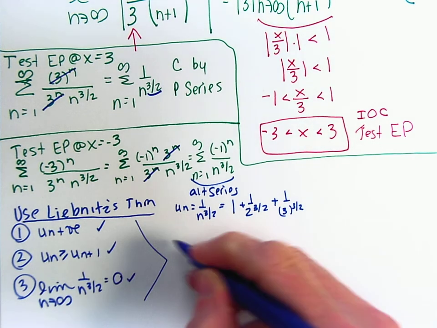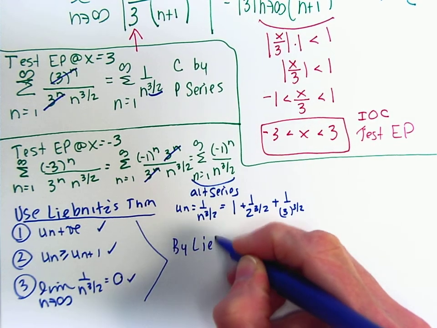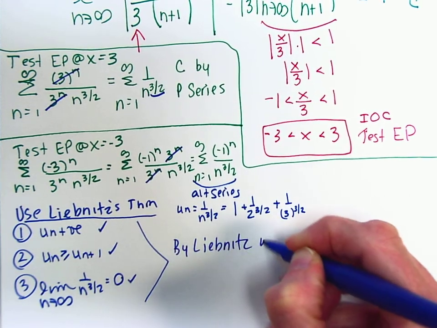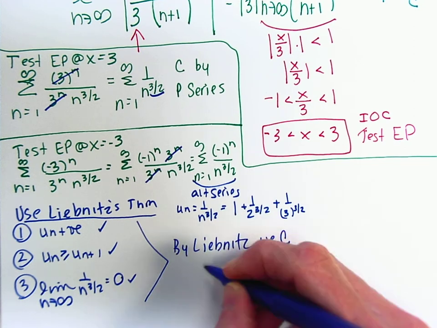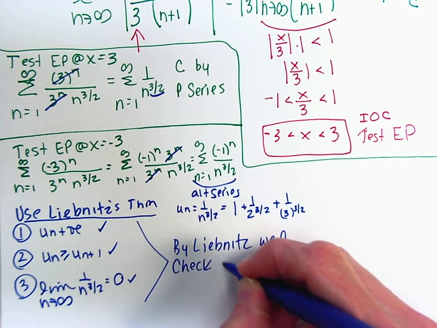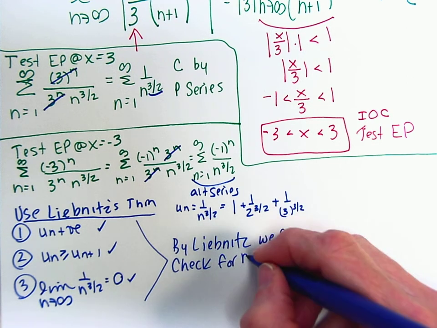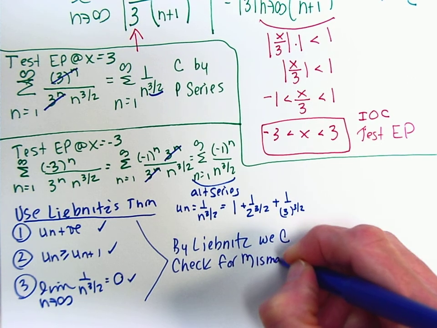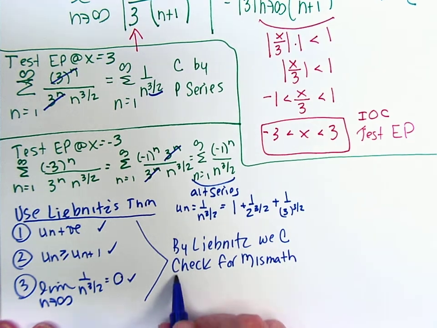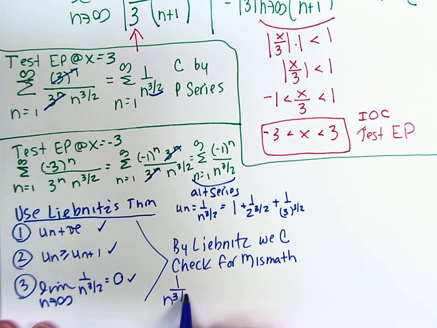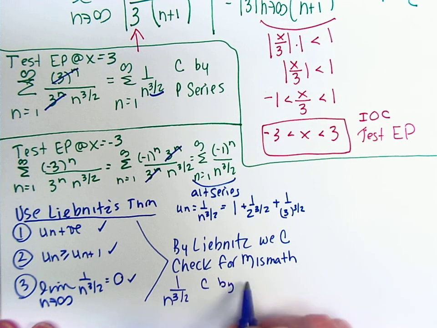So by Leibniz, we converge. Check for a mismatch: we know that 1 over n to the 3/2 converges by the p-series.